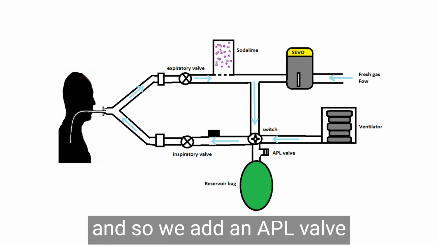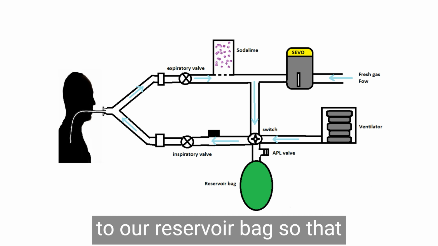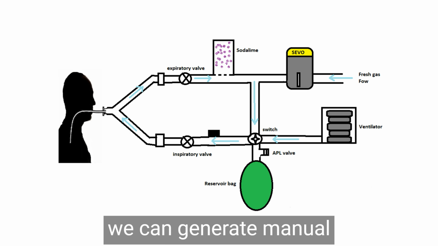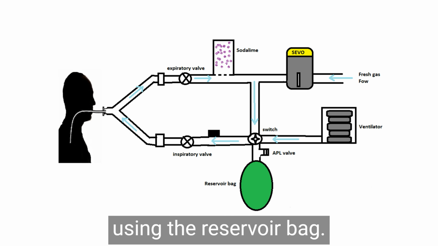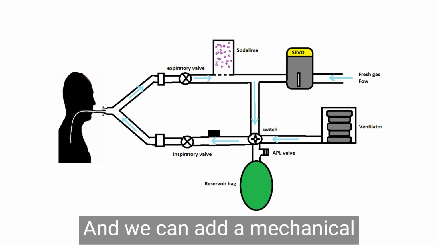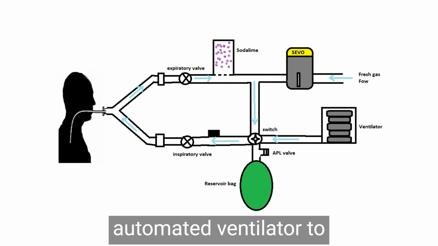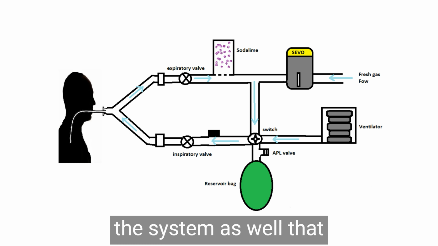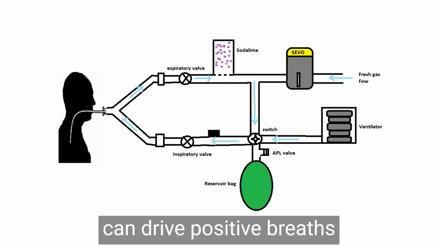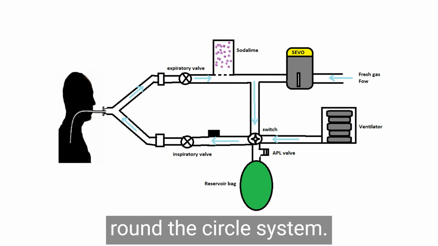And so we add an APL valve to our reservoir bag so that we can generate manual positive pressure breaths using the reservoir bag. And we can add a mechanical automated ventilator to the system as well that can drive positive breaths around the circle system.